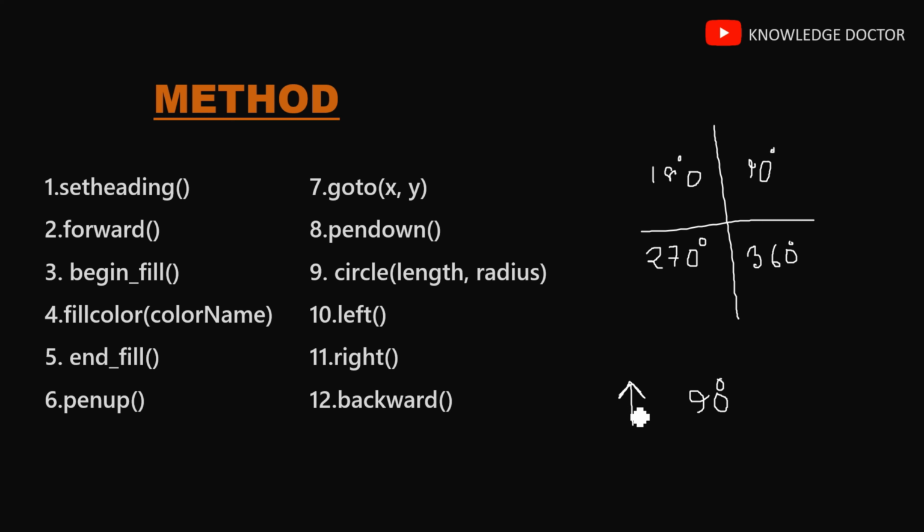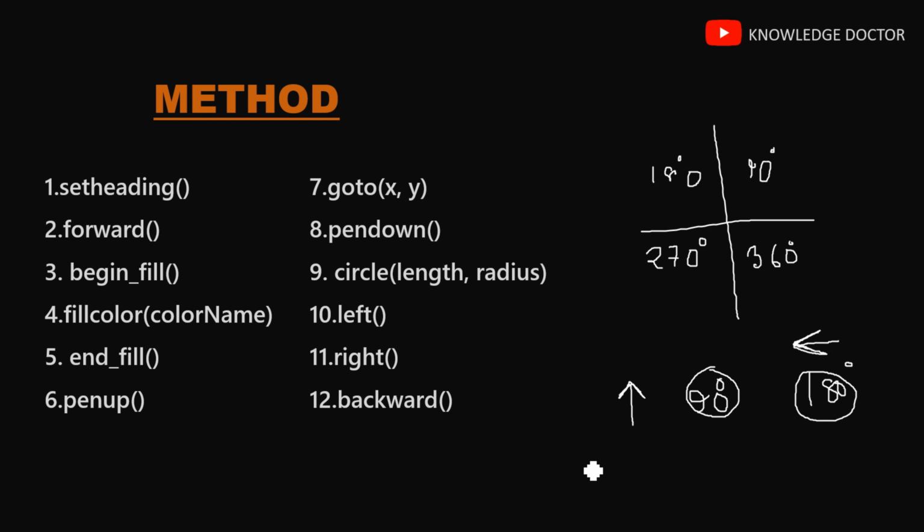This setheading helps us set the head of the turtle. Listen carefully. And another one is 180, which helps us move the head of the turtle to this position. See, this position is our 90 degree angle, and this is our 180 angle.